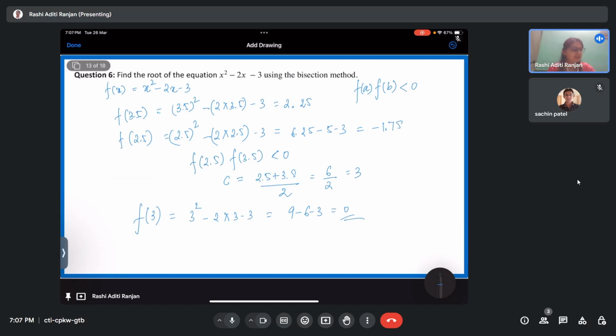I'll now consider some other assumption so that I can take you through two to three iterations. Anyways, I've got 3 as one of my roots.